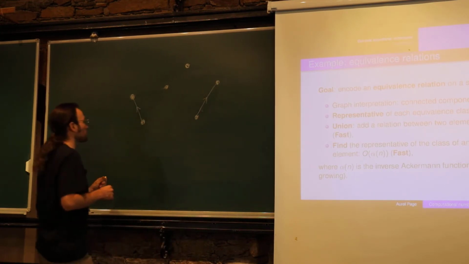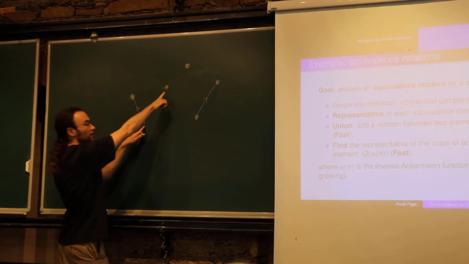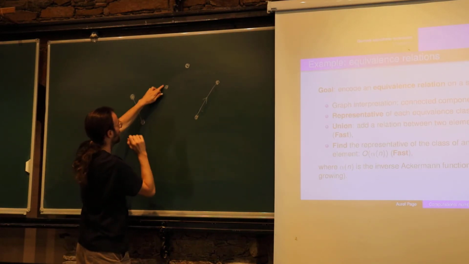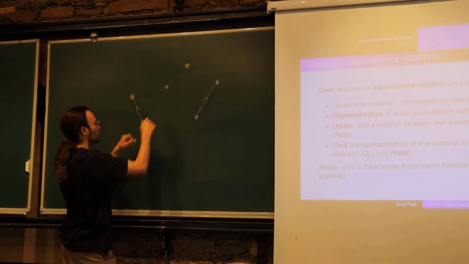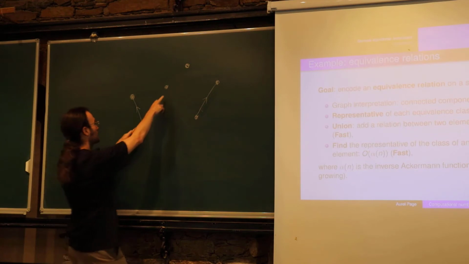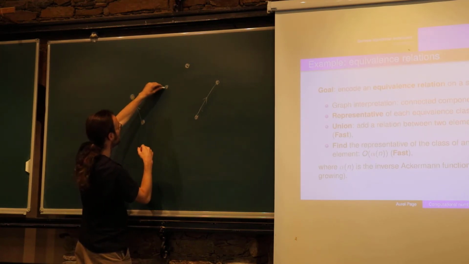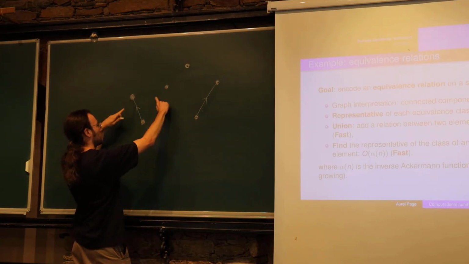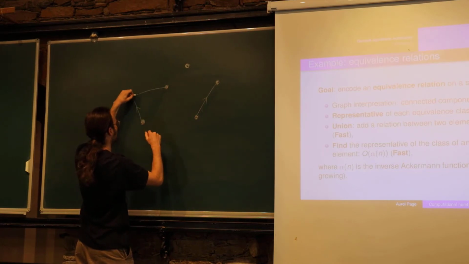Sometimes you want to add a relation between elements that are already in some equivalence class. In this case, you decide on a single representative for the whole class. So for instance, when you want to add one between these two, you don't add an edge like this, because this one already has a representative, which is this one. You directly add an edge like that.